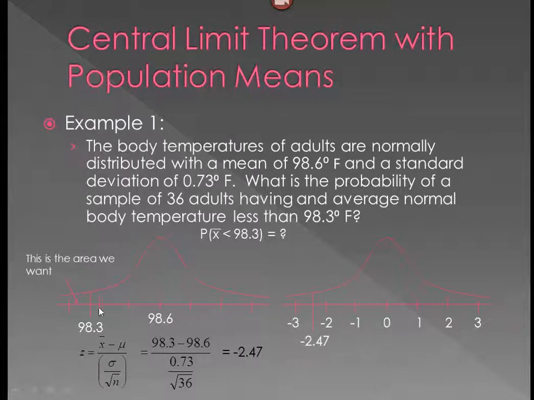So we can see how these line up. Now, for this area that we want, we would calculate the area to the left of negative 2.47. How we do that, we're going to look at on the next slide.